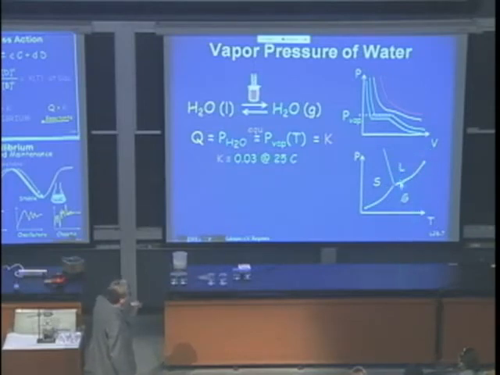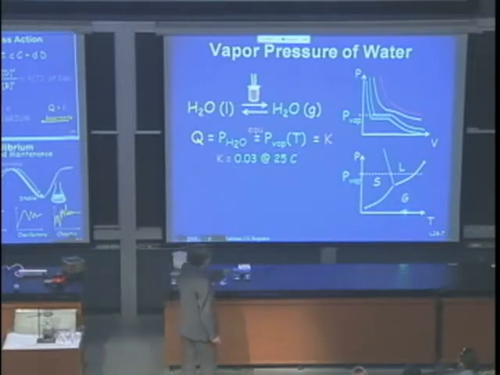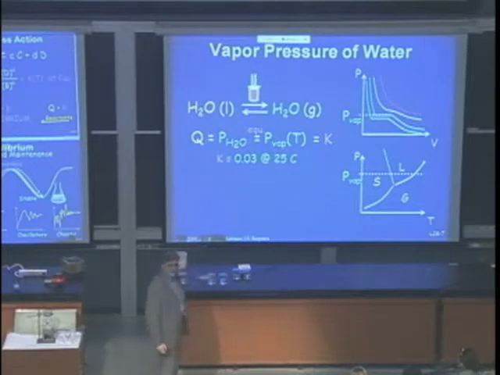At each temperature, the liquid and the gas are in equilibrium on this curve. See that? If I want the vaporization pressure at a temperature, I look at the temperature, go up to that curve, go across, and get the equilibrium vapor pressure at that temperature.